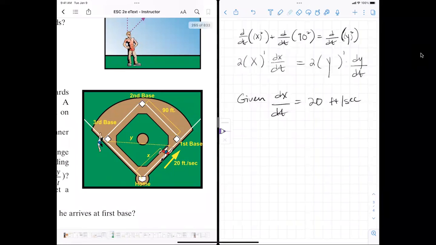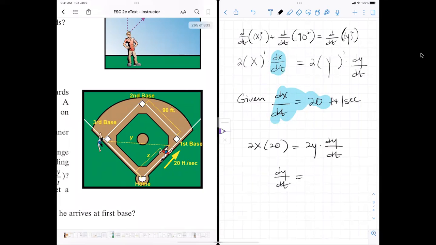So I'm able to plug in the 20 for dx over dt and then solve for dy over dt. Your steps might look different from mine. You may be able to do some of this algebra in your head, and that's fine. But basically you're going to divide by 2y on both sides. So you end up with dy over dt equals 20x over y.